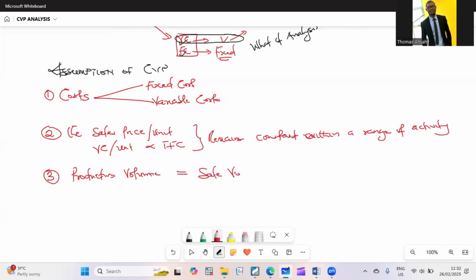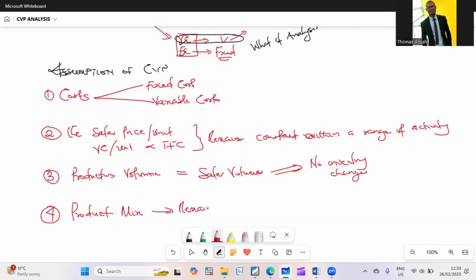It means there is no inventory changes. So it means there is nothing like closing stock. And the product mix, what we learned in advanced variances, also remains constant.